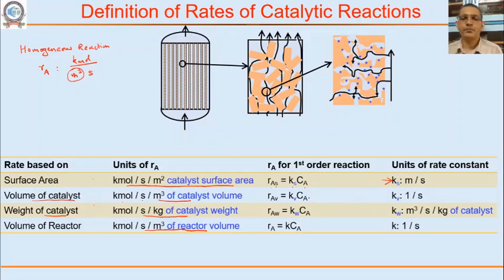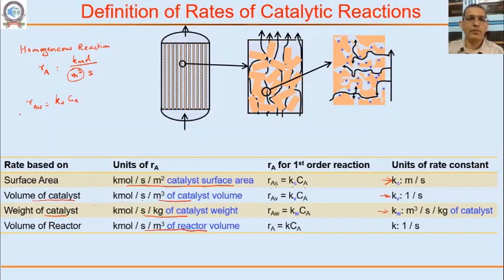If I define based on catalyst volume, then we can define Kv as just simply 1 per second, the same way as a homogeneous reaction. If we are defining based on per unit catalyst weight, then it could be meter cube per second per kg of catalyst. Let me explain. This is rate RAW, which is Kw into Ca.